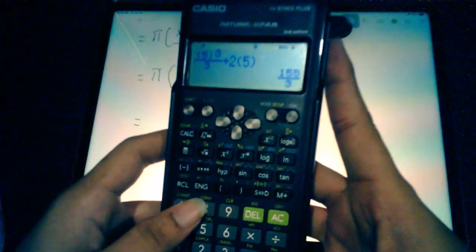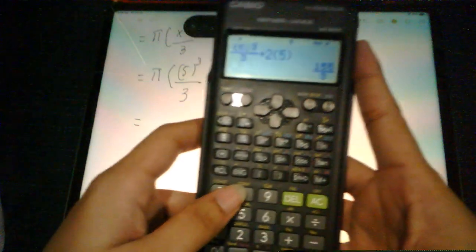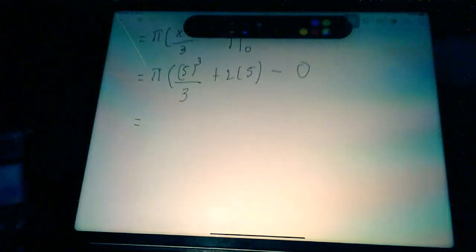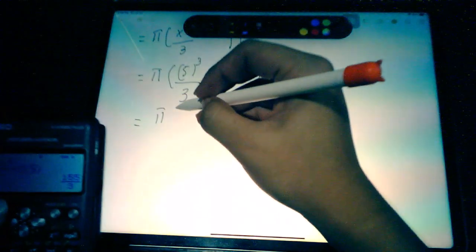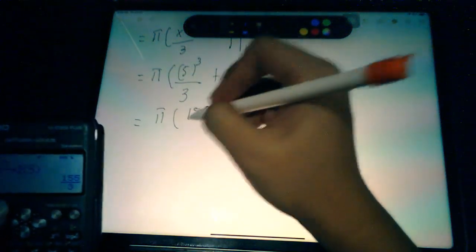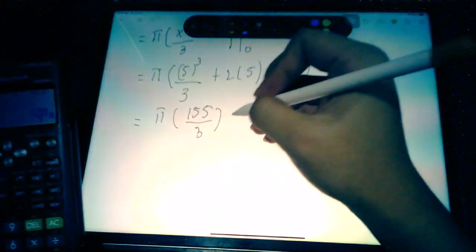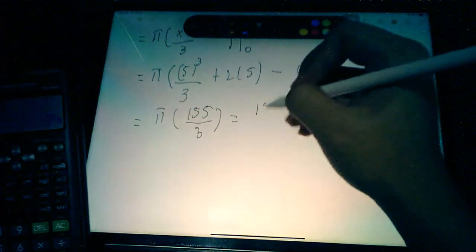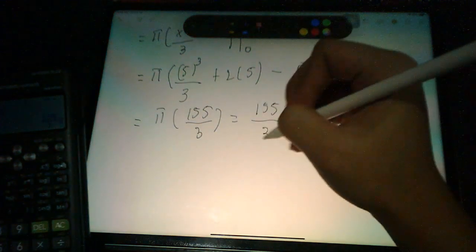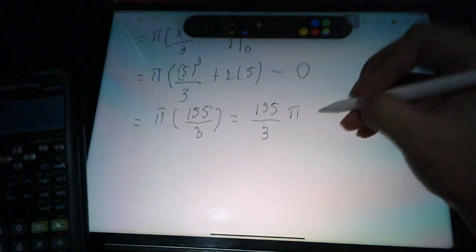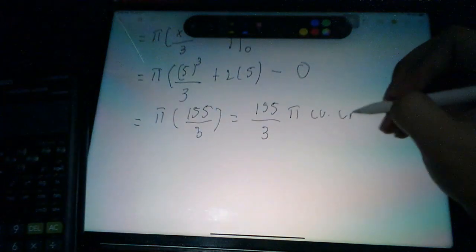Our answer here is just 155 over 3, and then pi. So pi times 155 over 3.